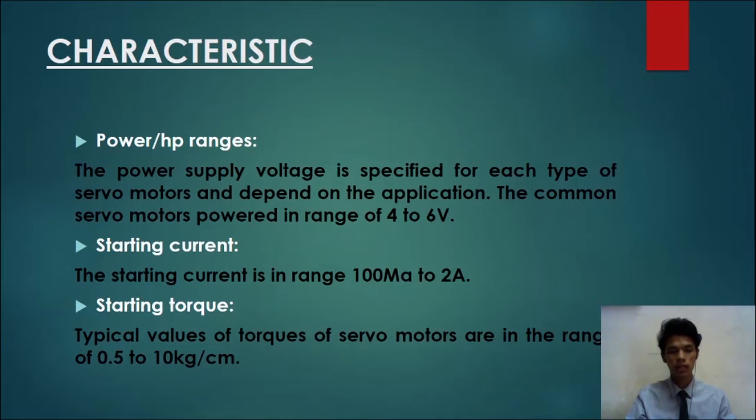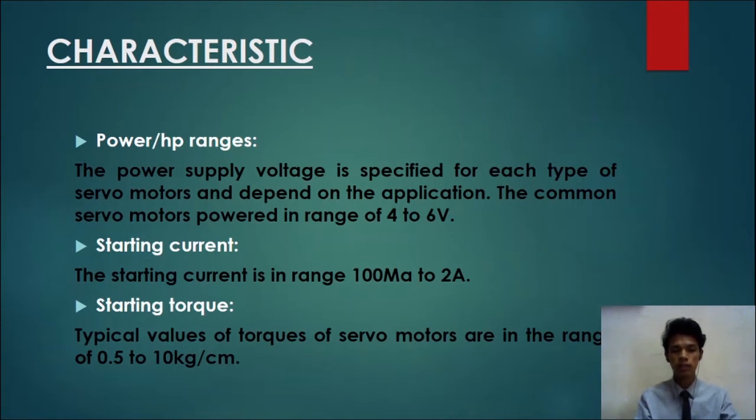Okay, for the characteristics of the servo motor, for the power range, the power supply voltage is specific for each type of servo motor and depends on the application. The common servo motor is powered in the range of 4 to 6 volts. The starting current is in the range of 100 milliamperes to 2 amperes.